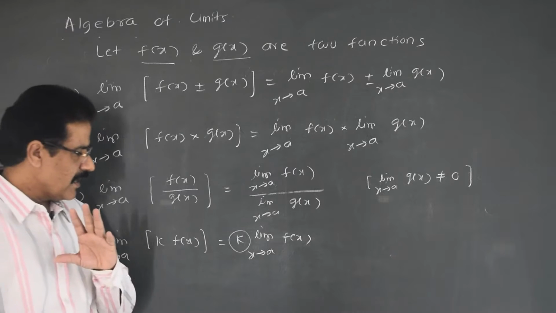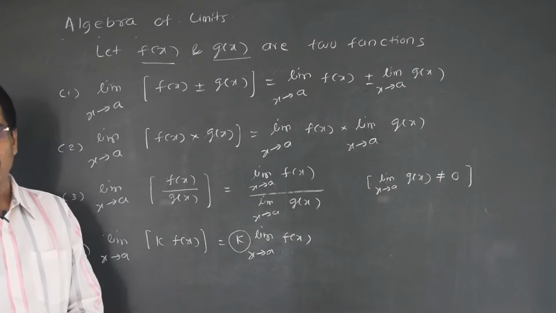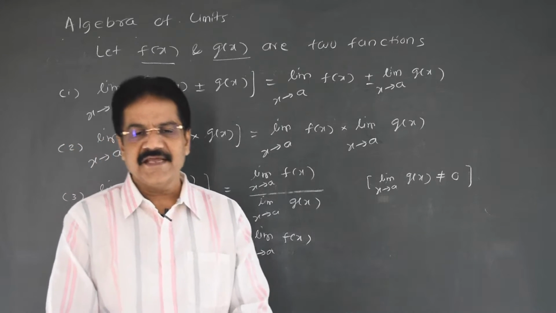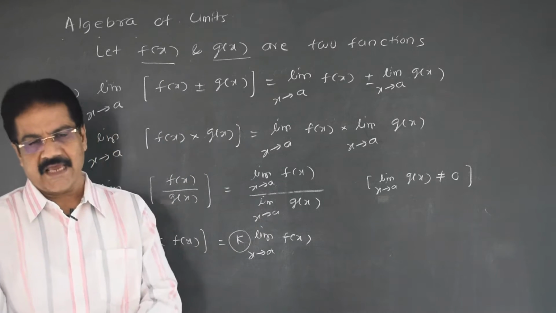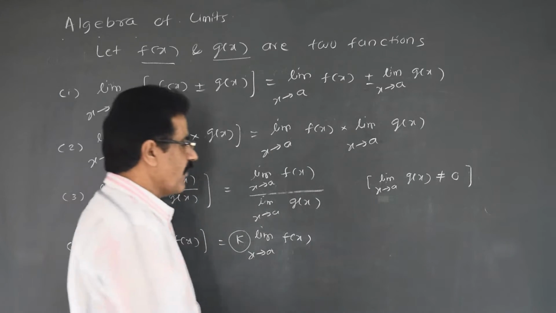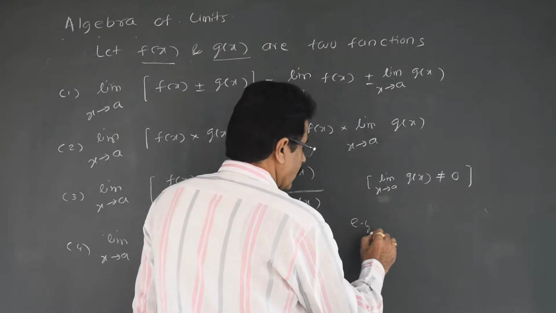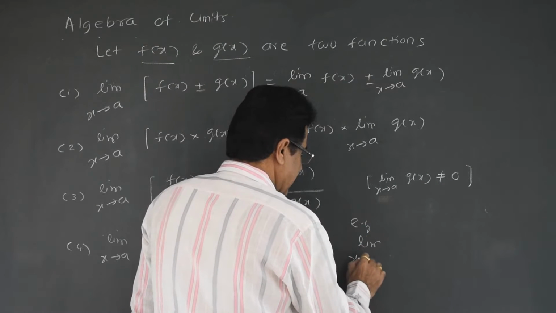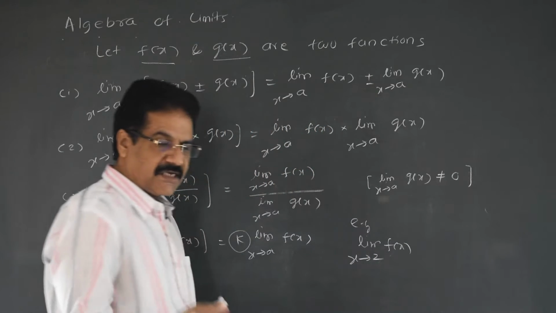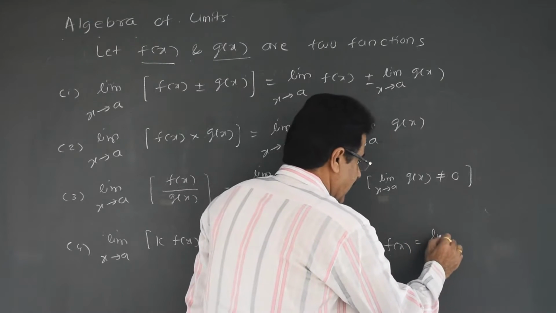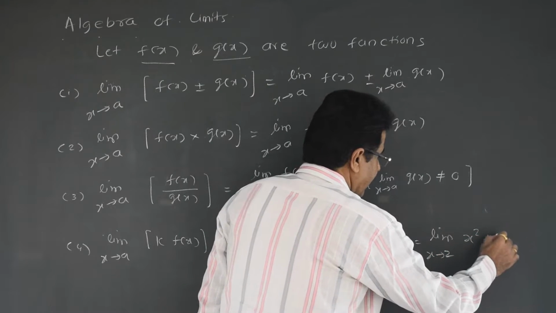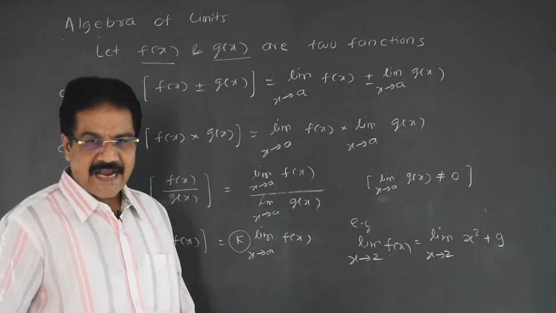Now if you want to find out the limiting value, what are you going to do? Here I already told you that limiting value means x approaches a, x is not exactly equal to a but it is as good as a. So for example, if I want to find out the limit as x tends to 2, just to understand, of 2x square plus 9, what exactly are you going to do?